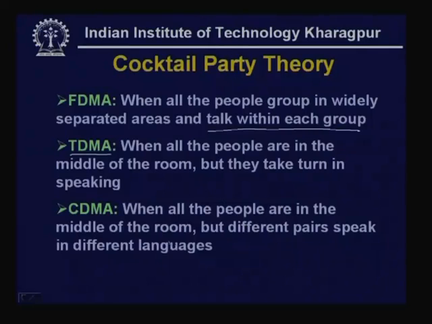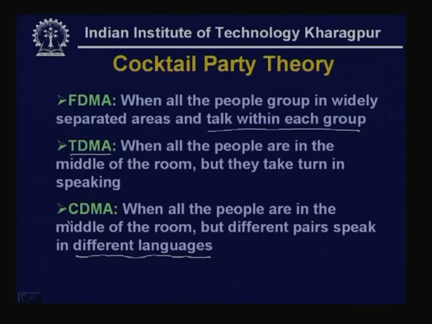Since they are speaking different languages, the persons in the group who are talking in English, although they are hearing the voices spoken in say Hindi or French or German, that will not interfere with their discussion. So, here simultaneously all of them are talking, but they are not interfering with each other because they are talking in different languages.